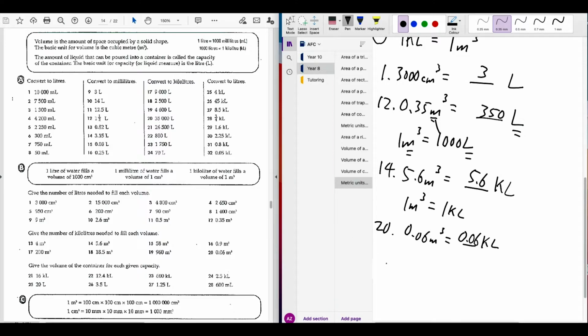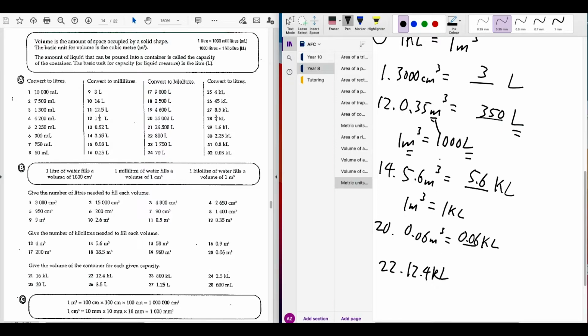All right, now let's do some other questions. Let's say 22. The question says, give the volume of the container for each given capacity. So in this case, what they're asking is for you to convert this into a volume unit. That could be either centimeters cubed, meters cubed, or millimeters cubed, right? So let's see, 12.4 kiloliters.